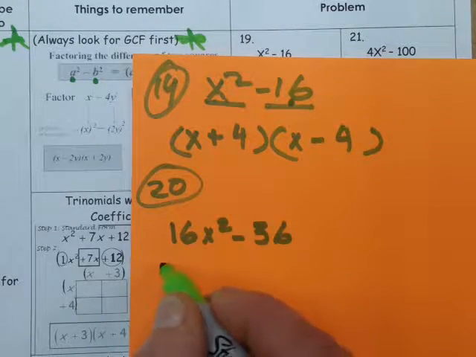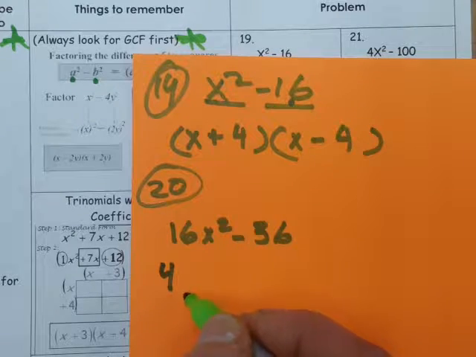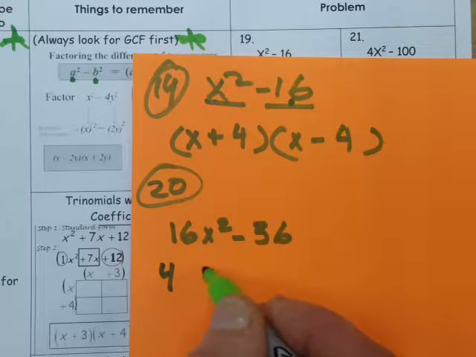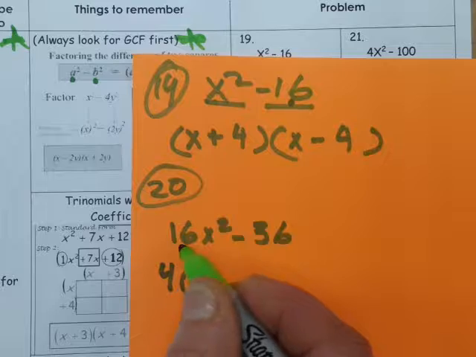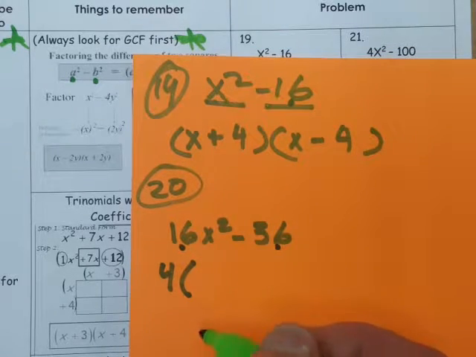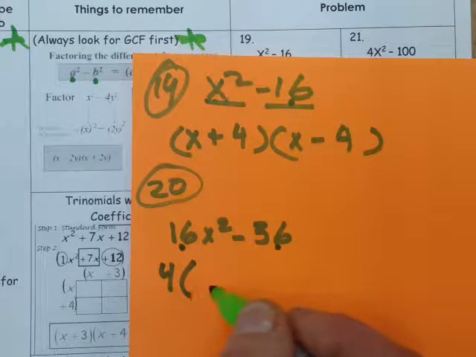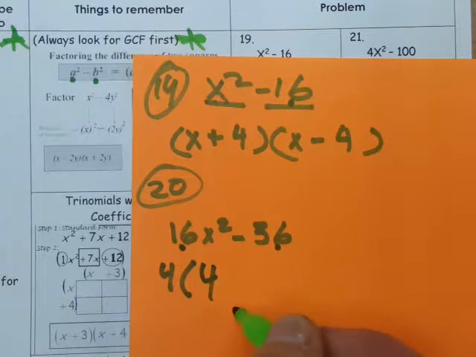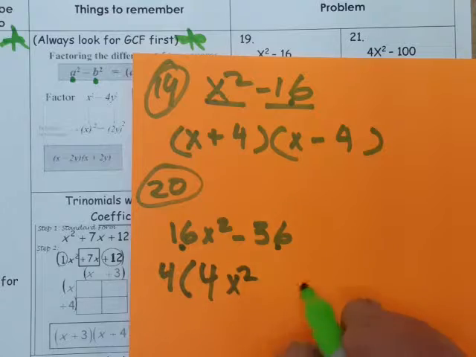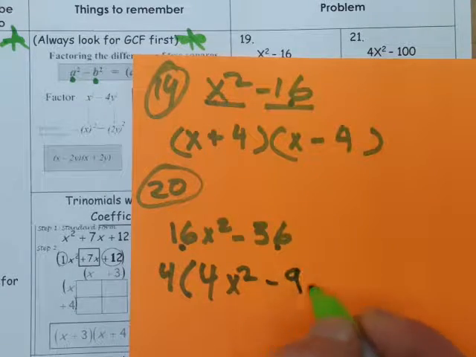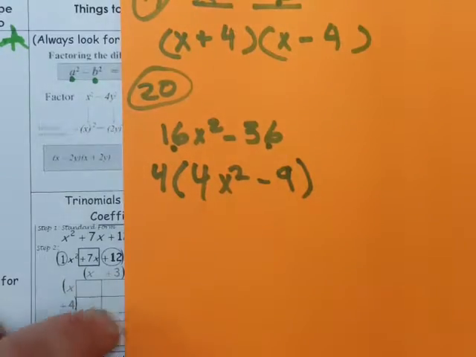We can divide 4 from both of those terms. So we're going to pull this 4 out front, and divide 4 from each one of these numbers. 16 divided by 4 leaves me 4. The x squared is still there. Negative 36 divided by 4 is negative 9. And there we have factored it.